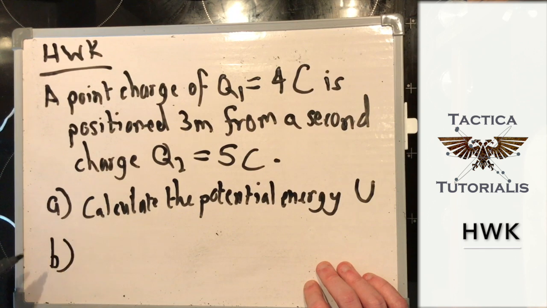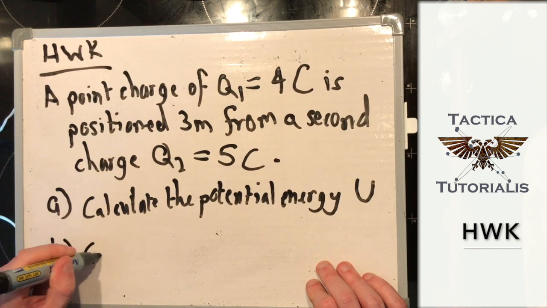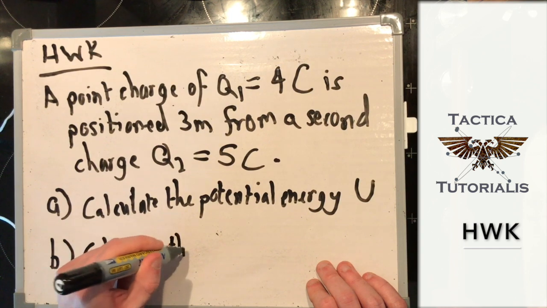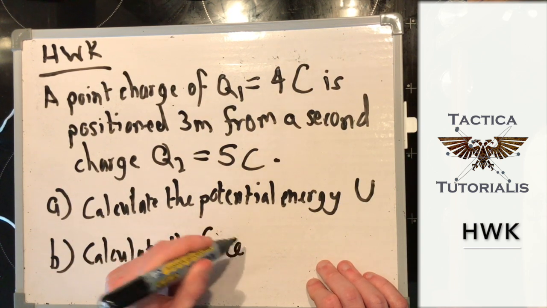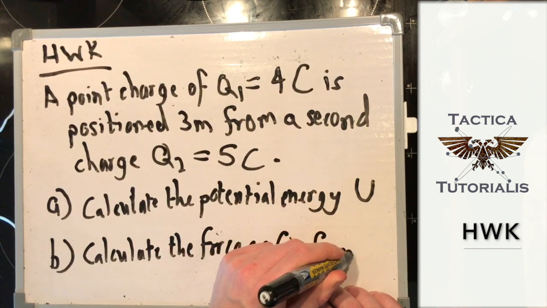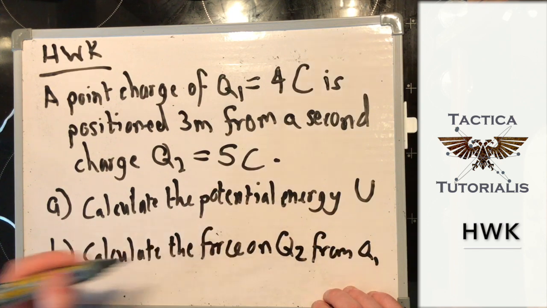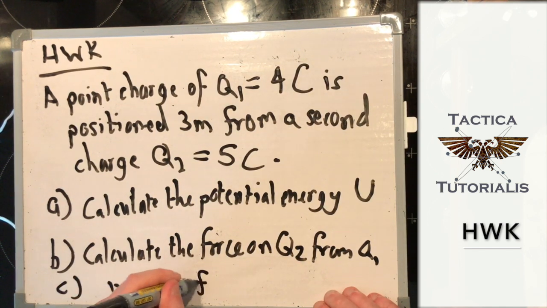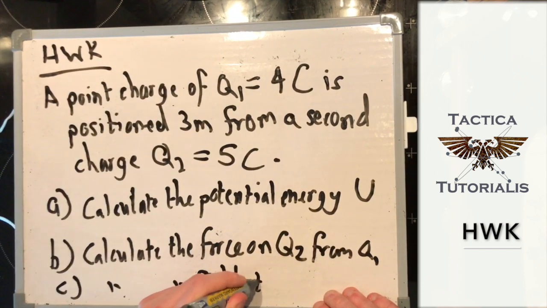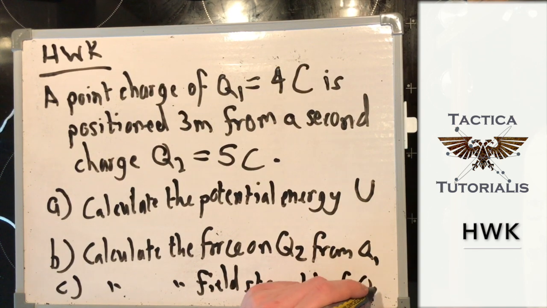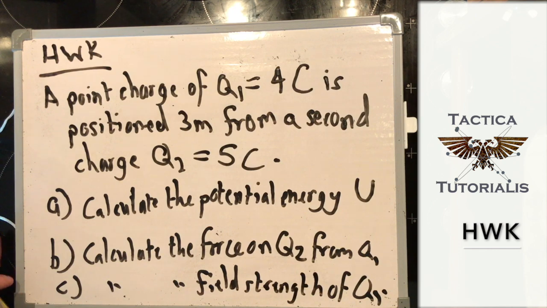And part B is going to be calculate the force on Q2 from Q1. And part C is calculate the field strength of Q1. So those are your homework questions.